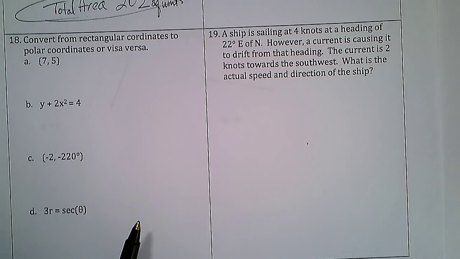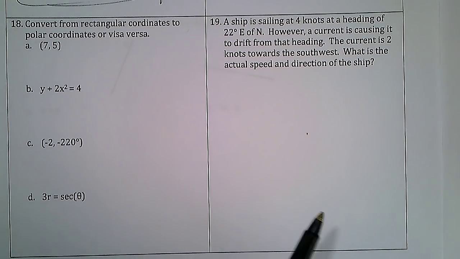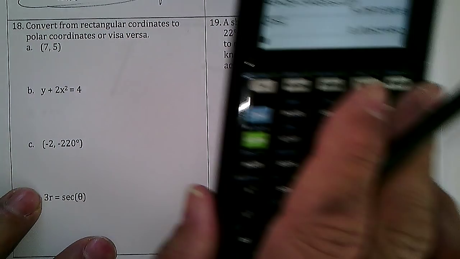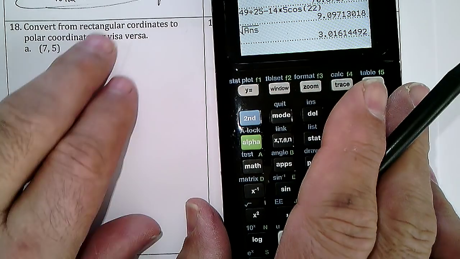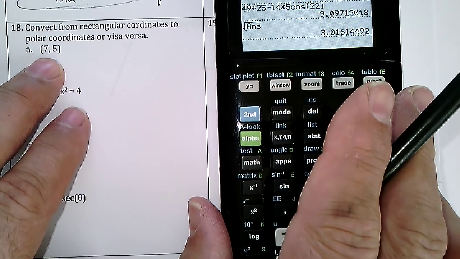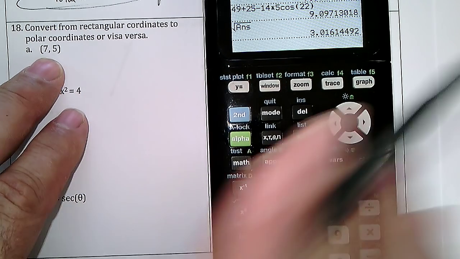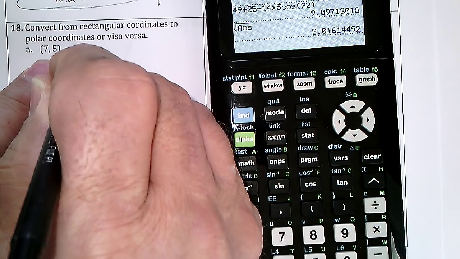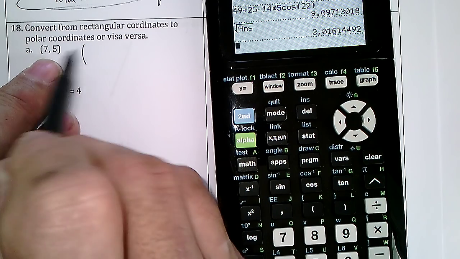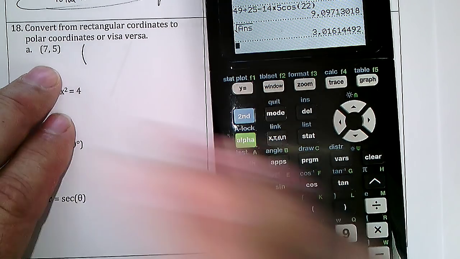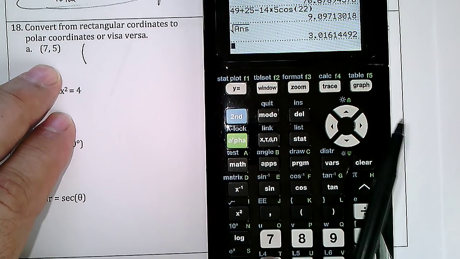Convert rectangular coordinates to polar and vice versa. So if those are rectangular, x and y, to get polar, the radius is the square root of that squared plus that squared, so 49 plus 25.